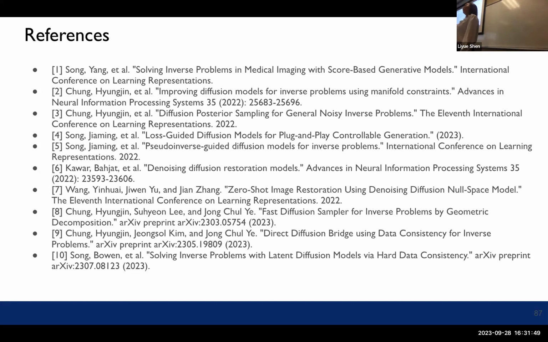Previously, we thought the ReSample algorithm is a very good fit for the consistency model, because in each step we need to go back to X0, add the data consistency constraint, and then go back to ZT. The consistency model can do one-step generation from any time step to the clean image, so we wanted to incorporate it as the generative prior instead of the diffusion model, to do one-step or two-step sampling for inverse problem solving.